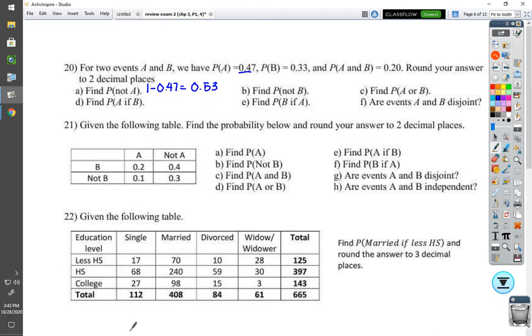In letter B, find not B. We're going to do the same thing: 1 minus 0.33 is equal to 0.67.